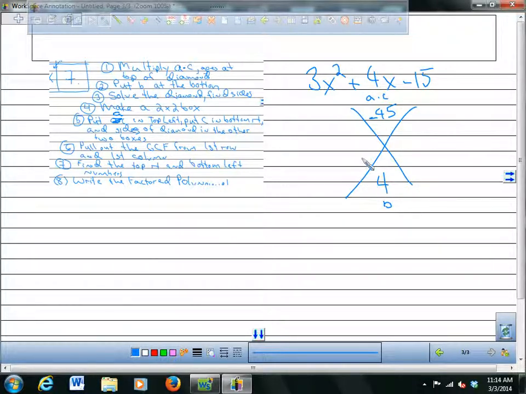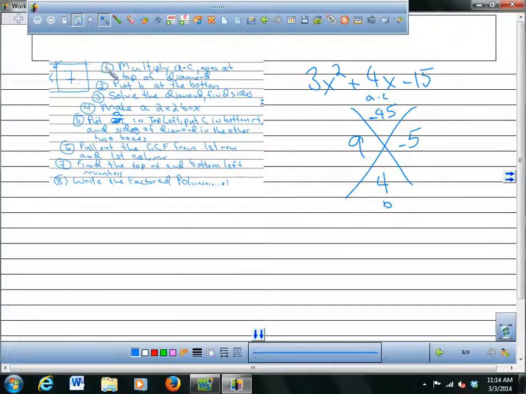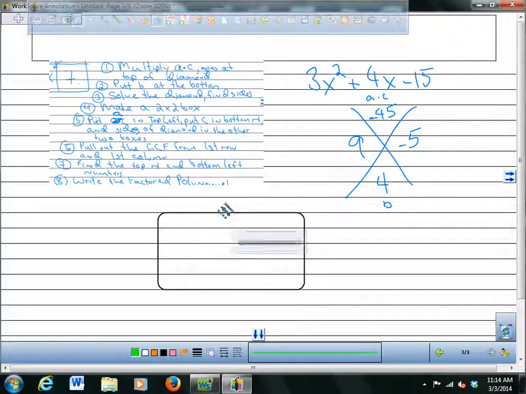Very nice, okay? 9 and -5. Now, once you get that, you pretty much got the problem done, okay? So I solved the diamond problem. Now I'm going to make a box, okay? I'm not going to make it dotted line, I'm going to make solids, okay?